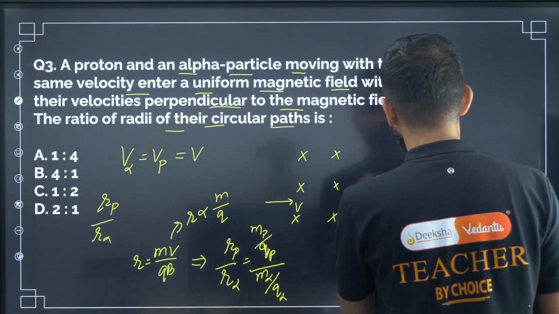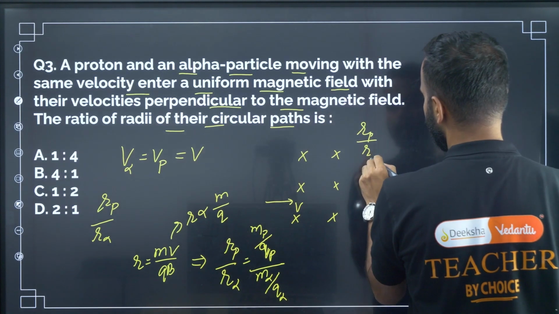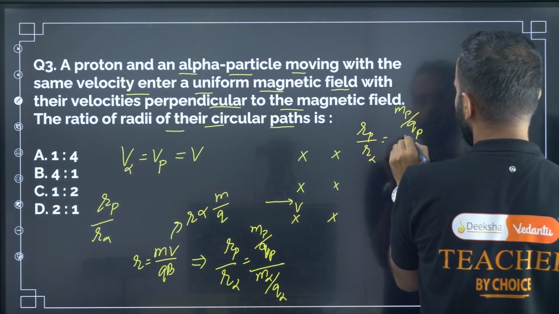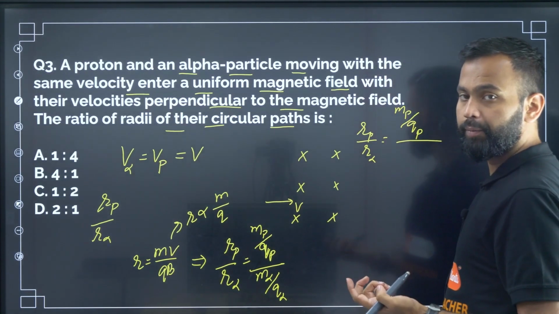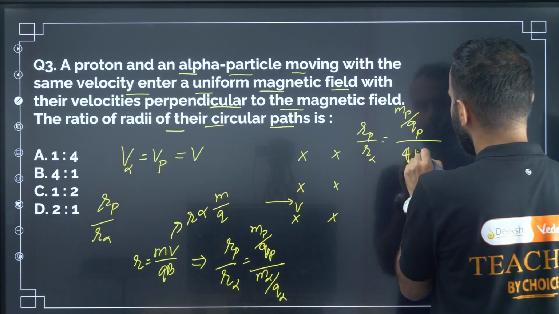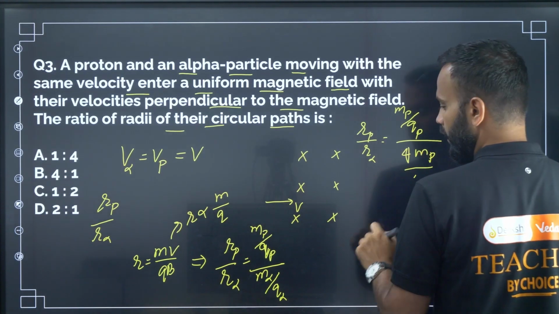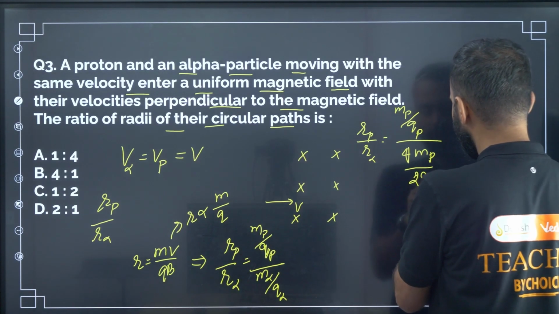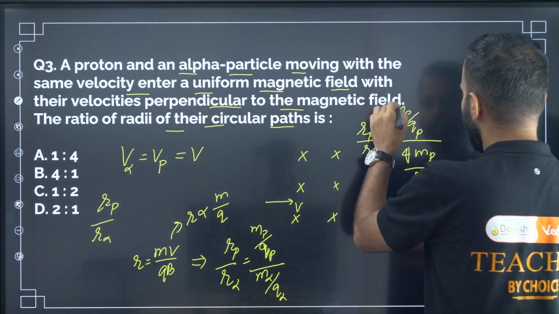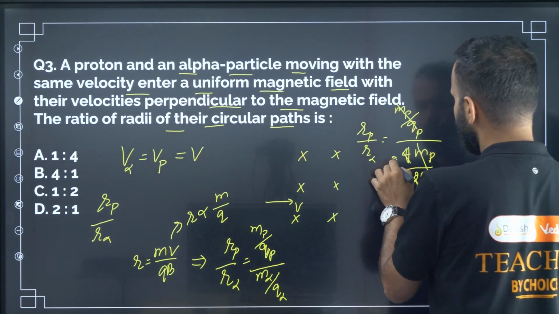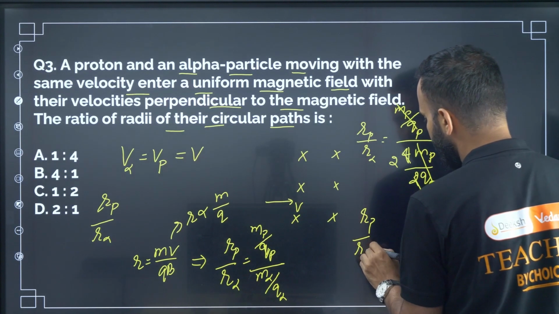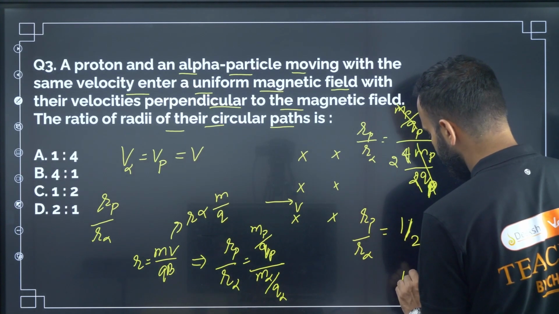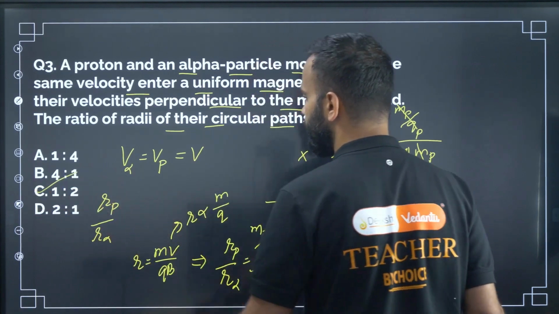The mass of the alpha particle is 4 times the mass of the proton, and the charge of the alpha particle is 2 times the charge of the proton. So mp by qp will get cancelled. 2 2s are 4. So rp divided by r alpha is equal to 1 by 2, or 1:2. So the correct option is C.